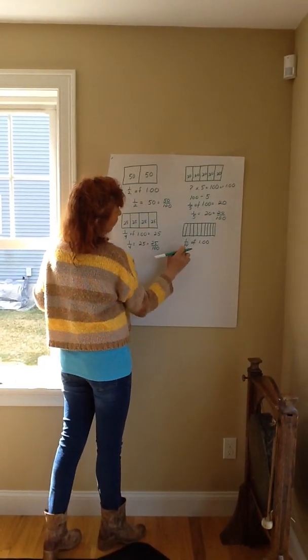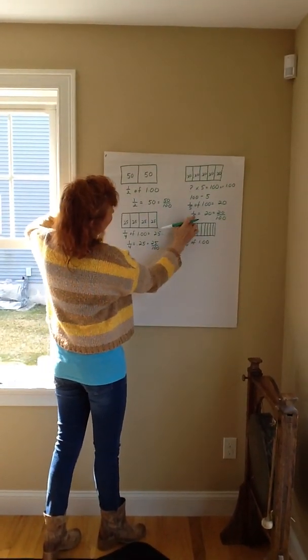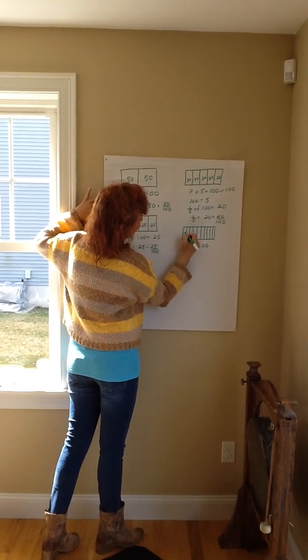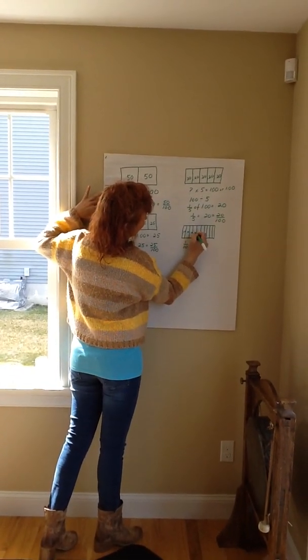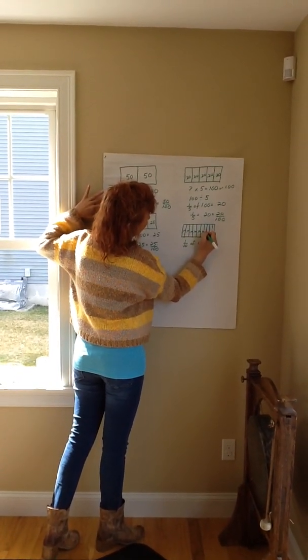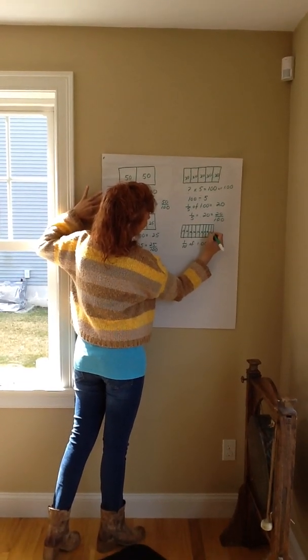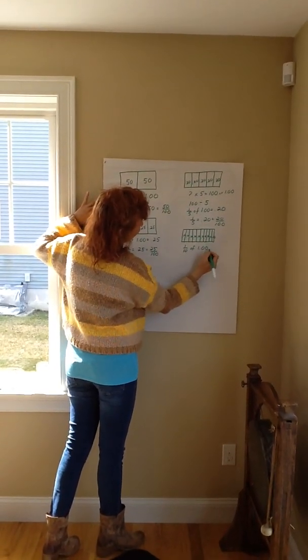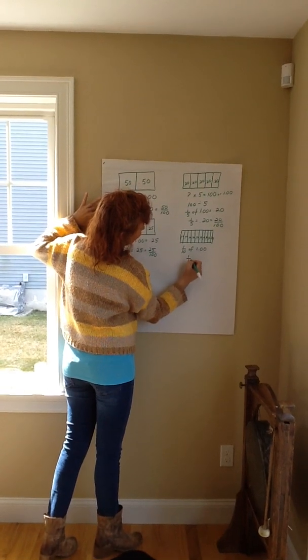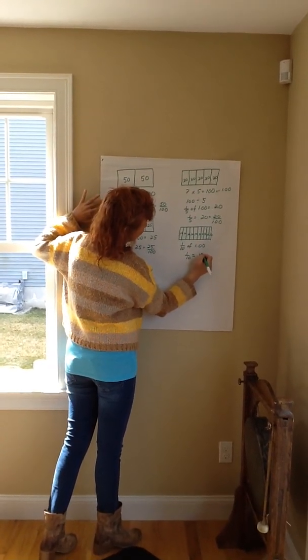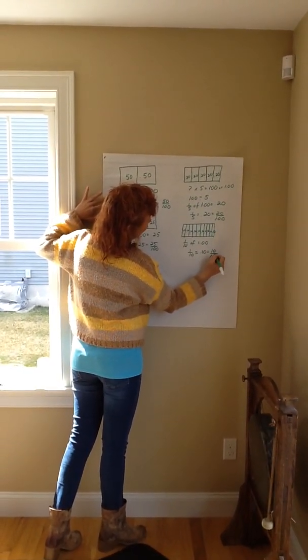And so we knew that 1/10 is smaller than a fifth, so we figured out that 1/10 was actually 10 cents. So there's a lot of relationships going on here. So 1/10 of a dollar is the same as 10 cents or 10 hundredths.